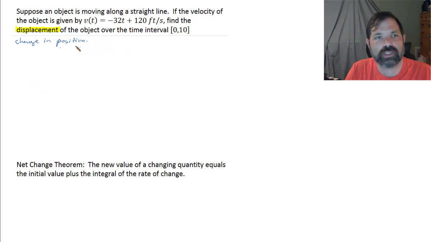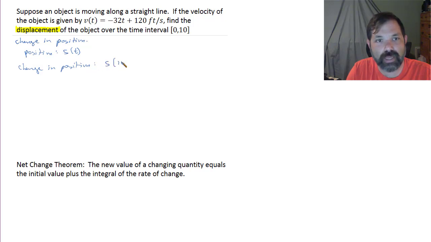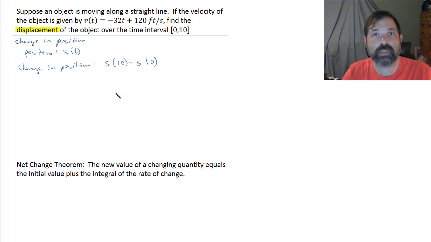All right, so let's say that the position function is s of t. Well, then the change in position would be s of 10 minus s of 0, the end position minus the initial position.